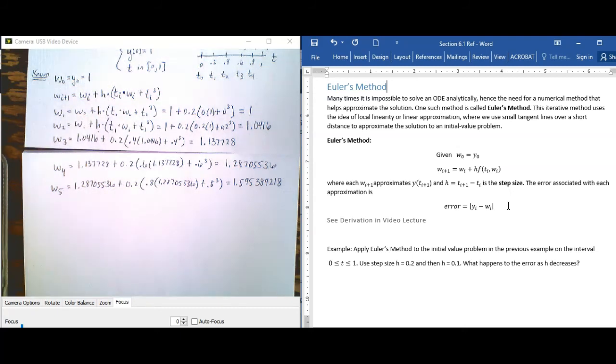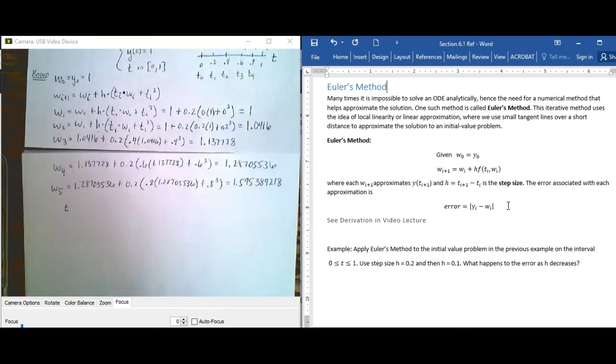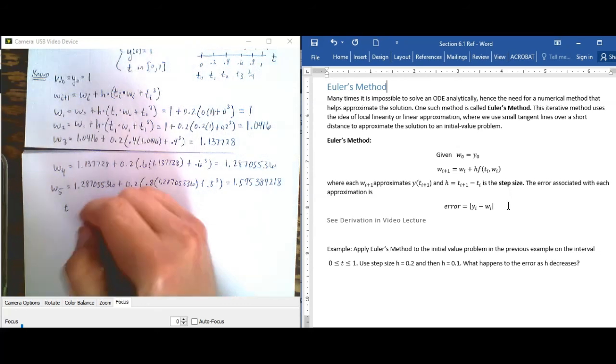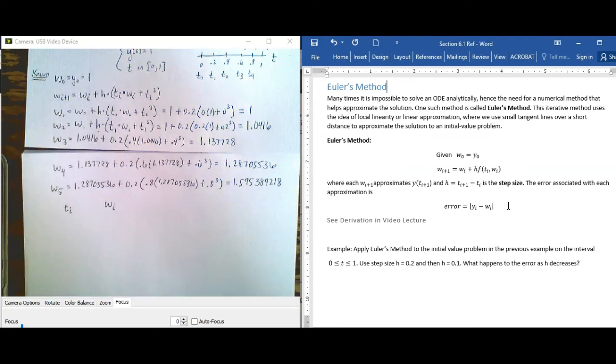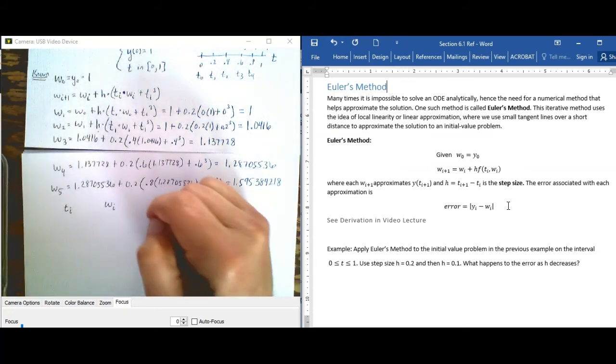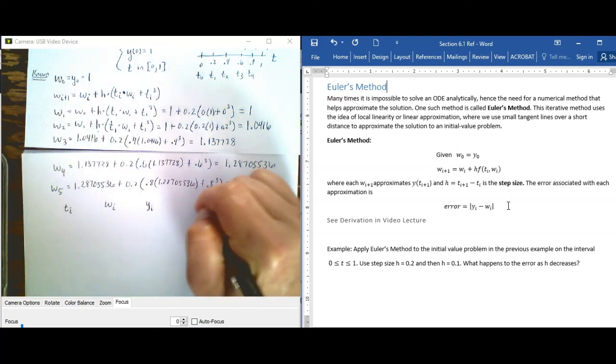Now we can investigate the error by knowing the exact values. So we have the solution from the previous example, right? So let's make a little table. Here, let's do our t_i, our approximation w_i, our exact value, and then our error.